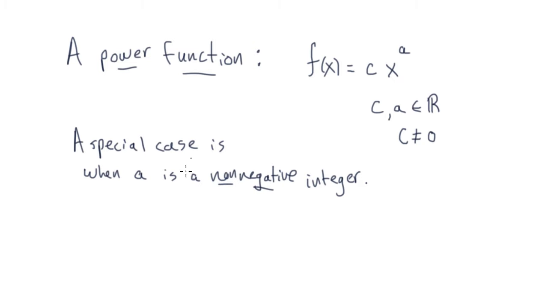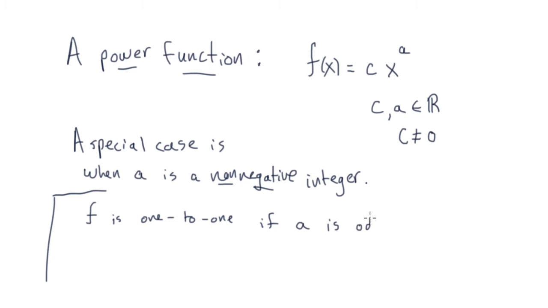And so in this special case, what we want to note is that f is 1 to 1 if n is odd, if a is odd.